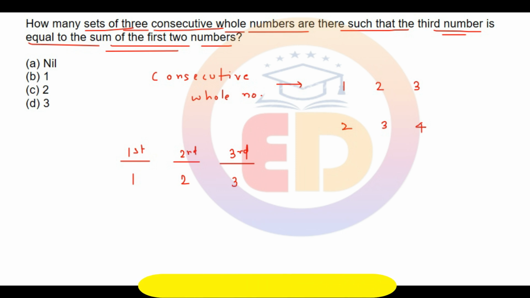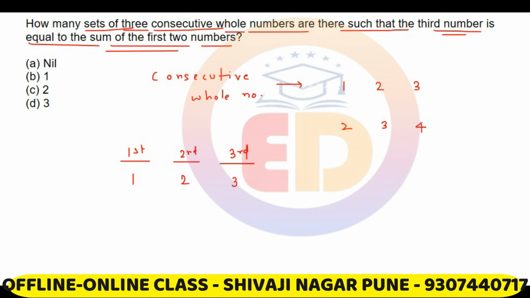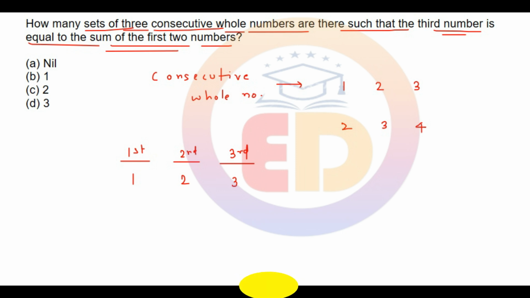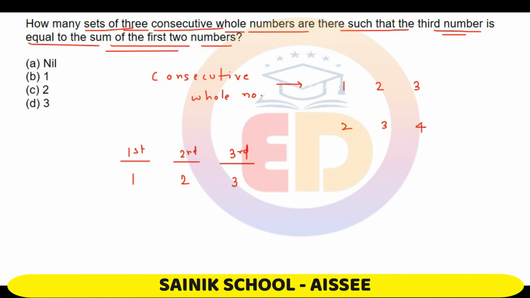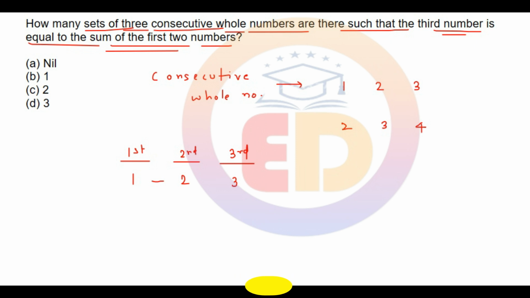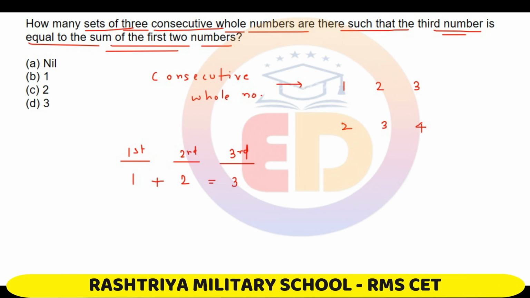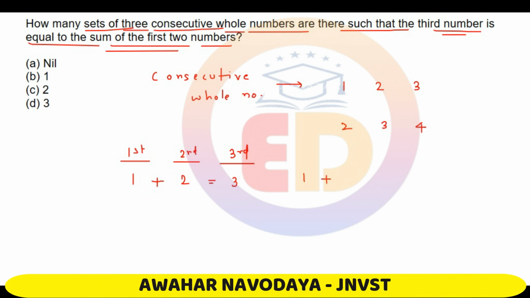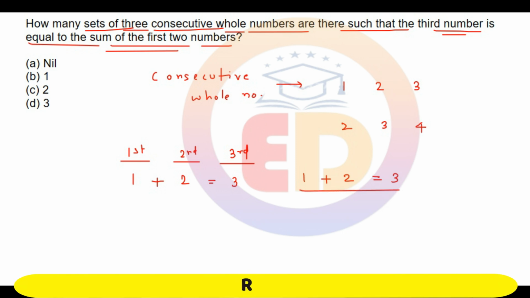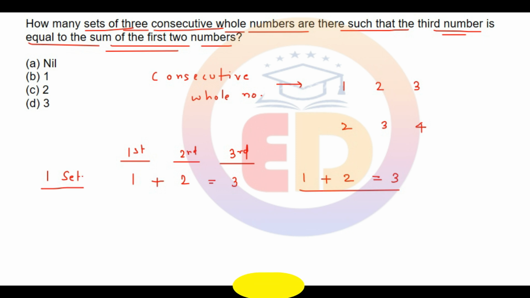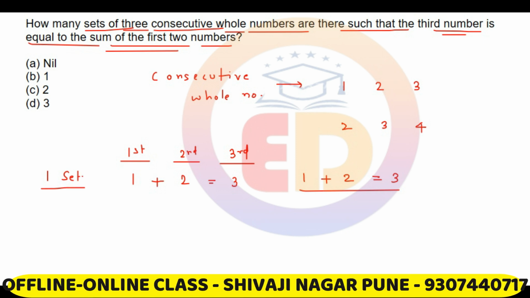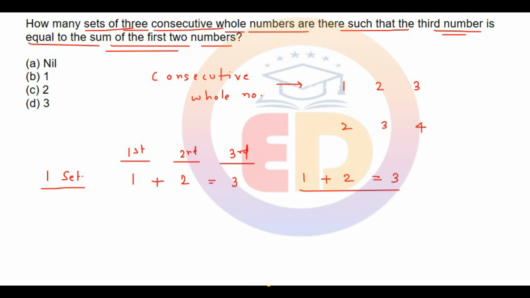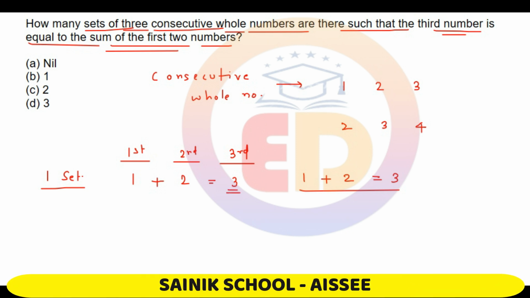Now according to the condition of the question, our three consecutive whole numbers should be such that sum of first and second should be equal to the third, which is possible in this case because 1 plus 2 is actually giving us 3. So this is one set जहां पर पहले और दूसरे consecutive number को अगर हम plus कर दें तो हमें तीसरा consecutive number मिल जाएगा.